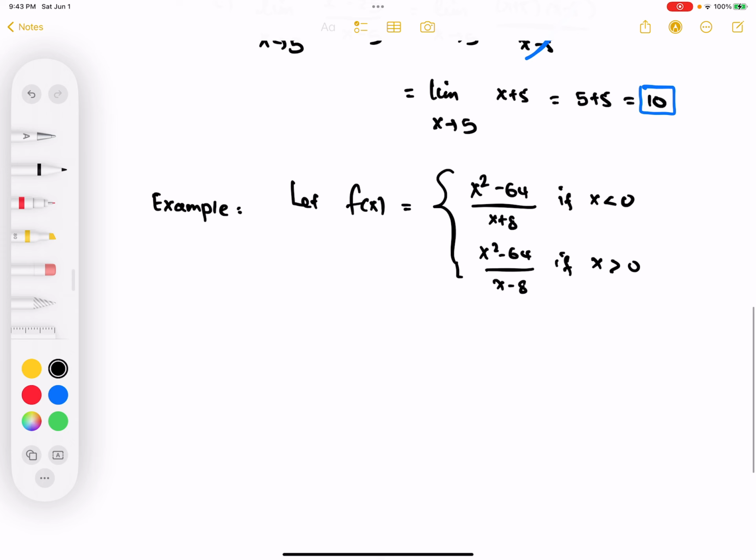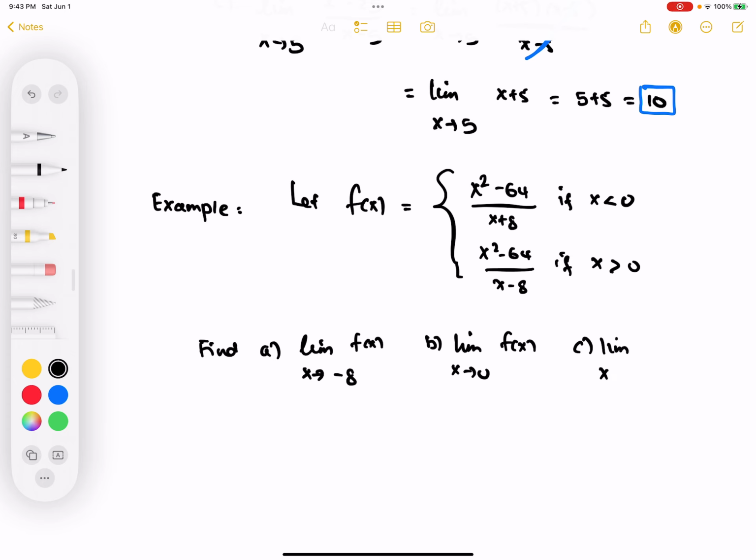Then the questions are: a, find the limit as x approaches negative 8 of f of x; b, the limit as x approaches 0 of f of x; c, the limit as x approaches 8 of f of x.